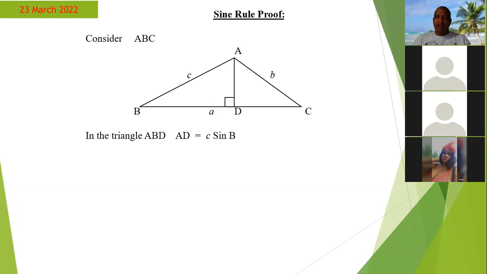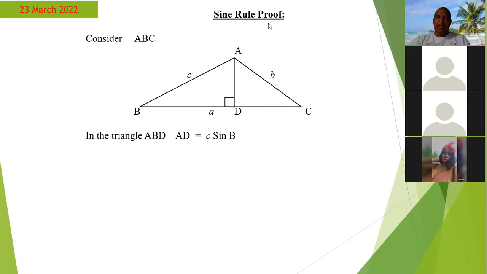So I don't want you to focus too heavily on the right angle triangle part of it, but I want you to focus more on the scalene triangle. Now we're going to use the right angle triangles, however, to show you why these equations work.